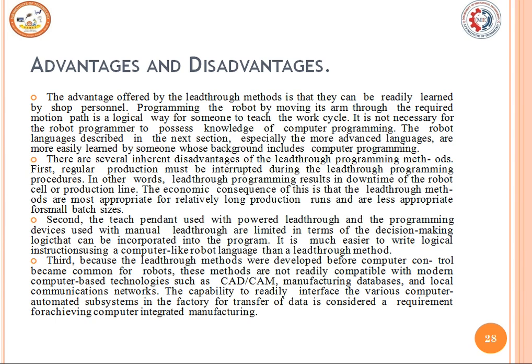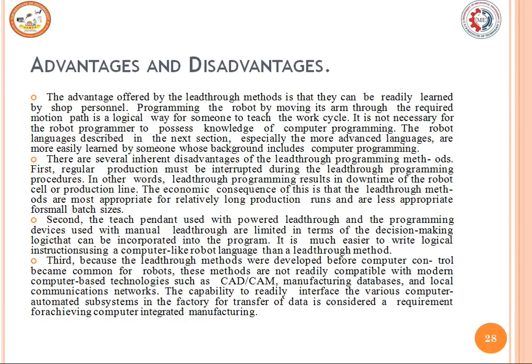What are the advantages and disadvantages of the lead through method? It can be readily learned by shop personnel. Programming the robot by moving its arm through the path is a logical way for someone to teach the work cycle. There are several disadvantages of lead through methods. First, regular production must be interrupted during the lead through programming procedure.